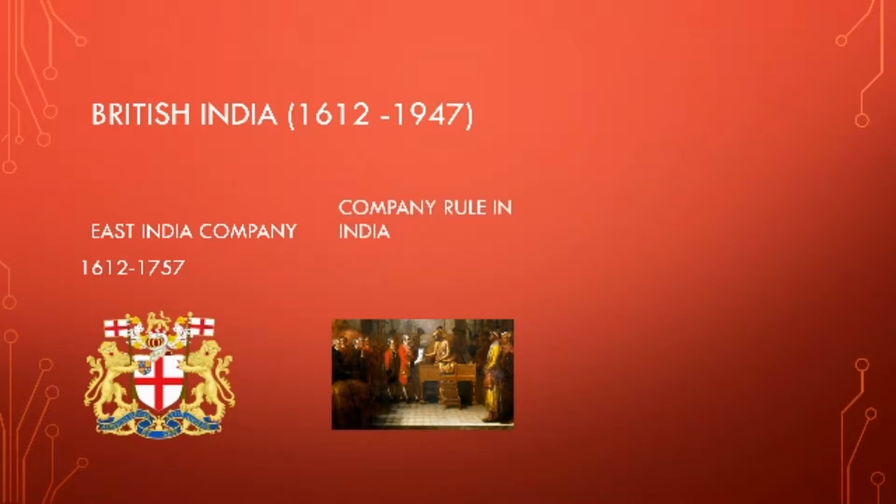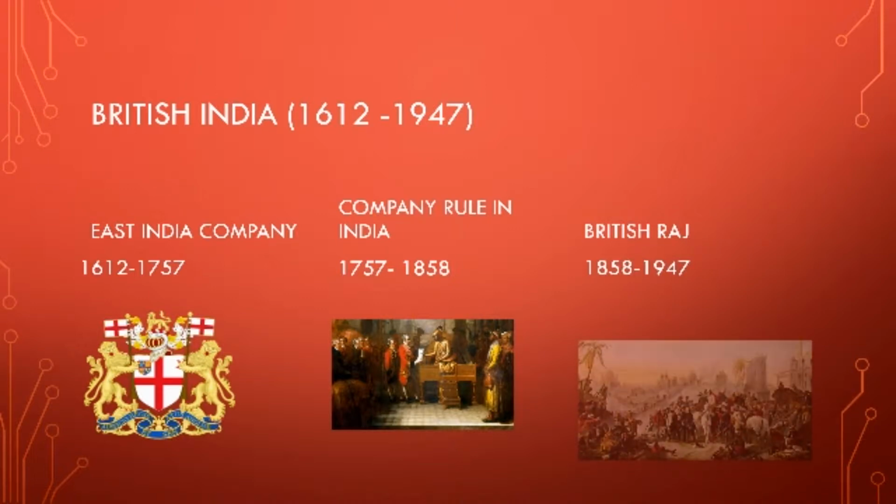Then gradually this company started ruling over India from 1757 to 1858. Then in 1858 the British Raj, or British rule, started and it lasted till 1947.